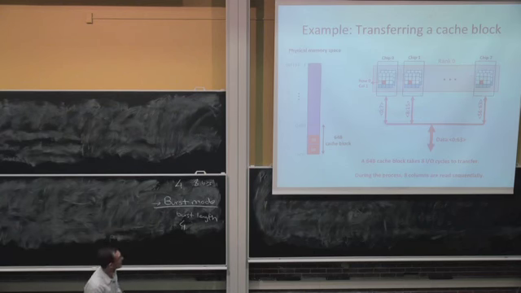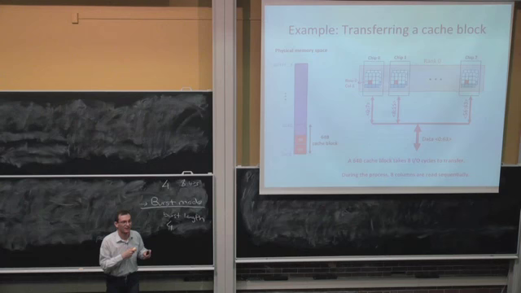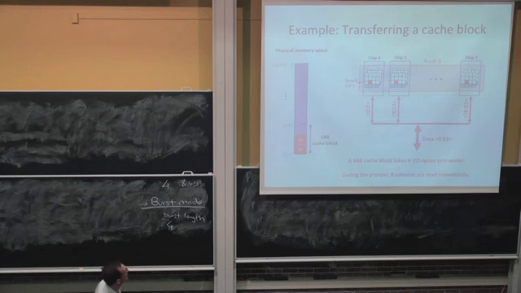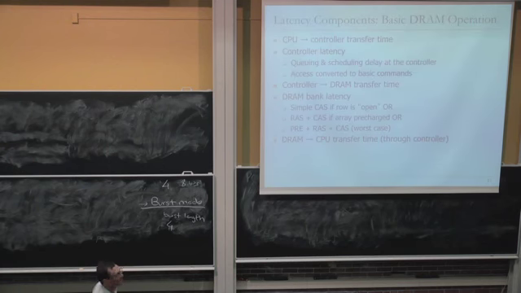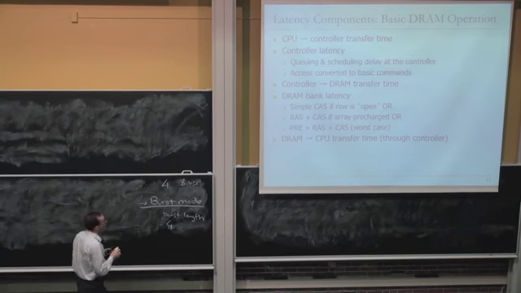Okay? So this is to optimize the control of the DRAM chip so that you don't need to request over and over consecutive locations. Make sense?